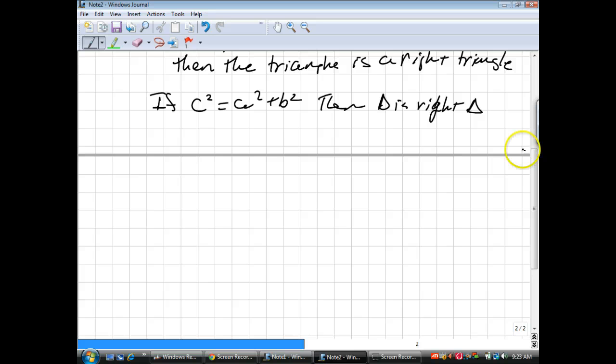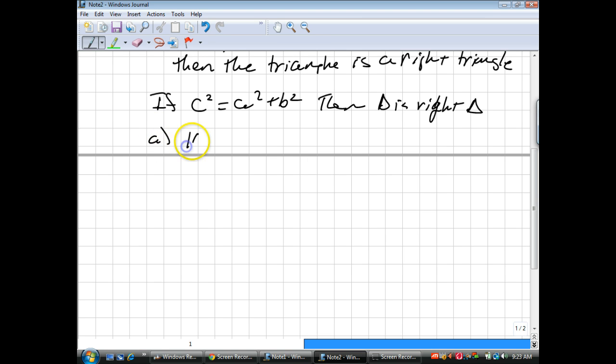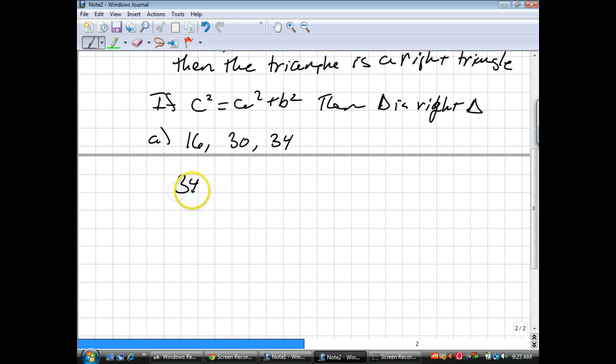Okay, so if we're given the lengths 16, 30, and 34, well, the longest side is always your c, so then 34 squared, we want to know, is that equal to 16 squared plus 30 squared? 1,156 is 34 squared. 16 squared is 256.